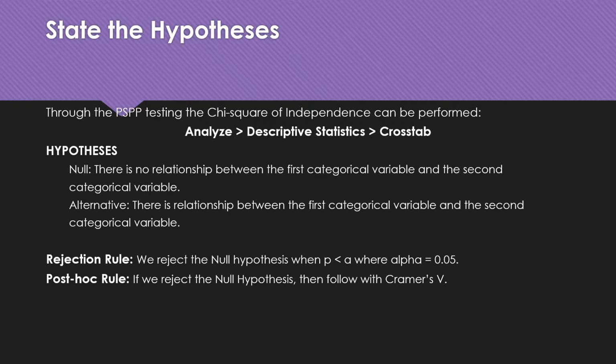The rejection rule is always as follows. We reject the null hypothesis when p is less than alpha, and alpha is equal to 0.05. But in the chi-square, there is a special rule. If p is greater than alpha, we fail to reject the null, then we follow Cramer's V.